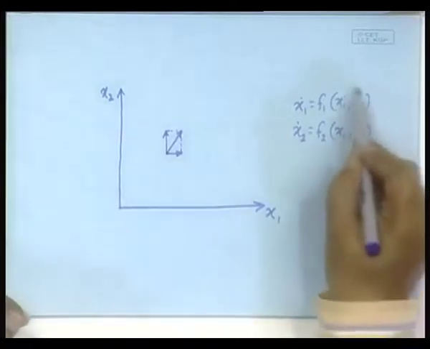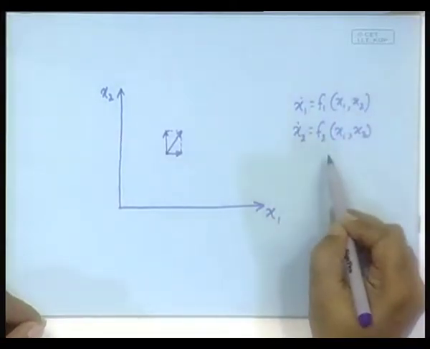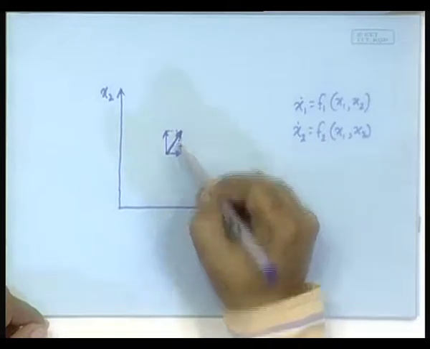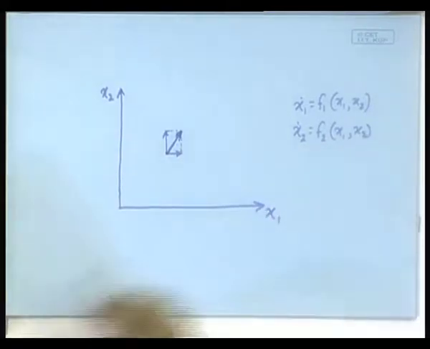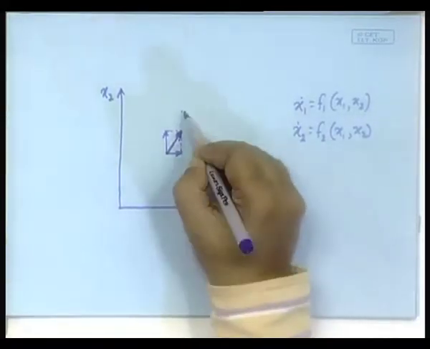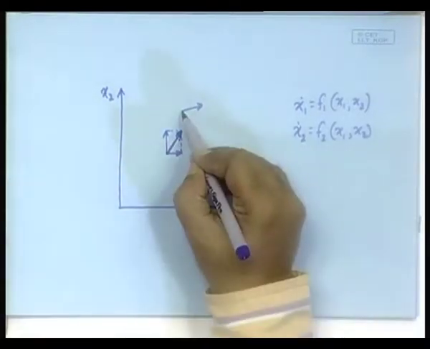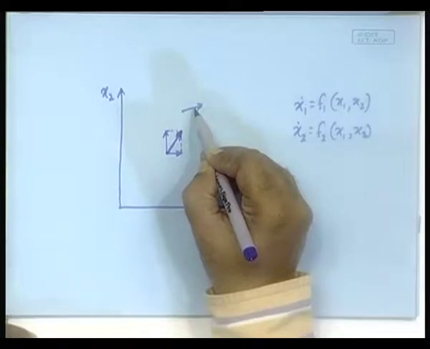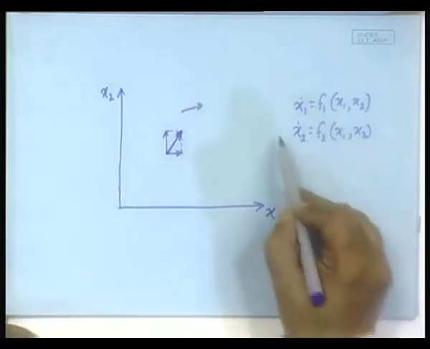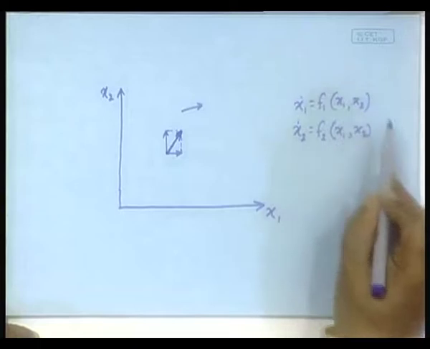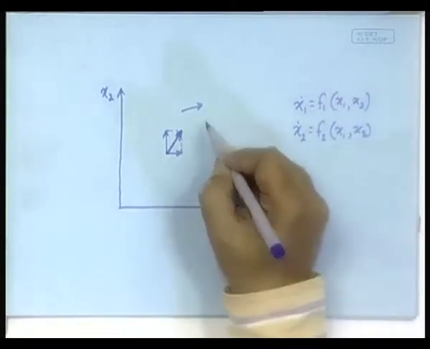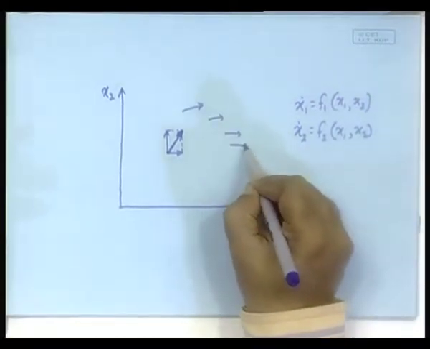So, what effectively the differential equation has given is this vector in the state space. Similarly, if the point is here, it would give another vector in the state space, meaning that if the point is here, it will move in that direction. So, notice then that this set of differential equations actually defines a vector at every point in the state space, right.